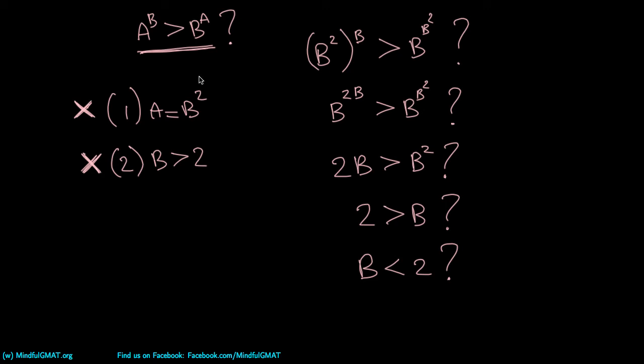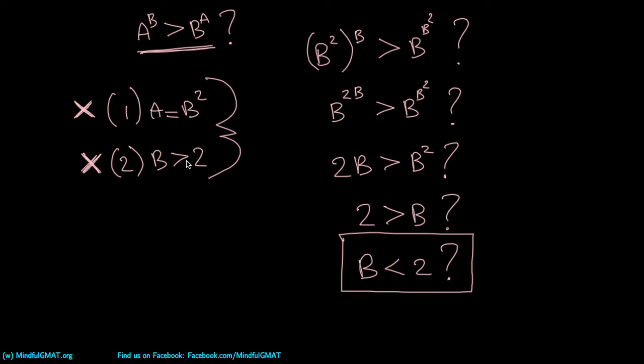Now, if we combine both pieces of information, then with the first piece of information we have rephrased this question in the simple question, is b smaller than 2?